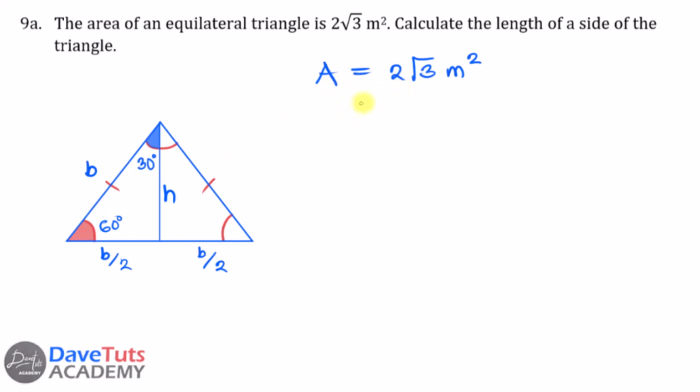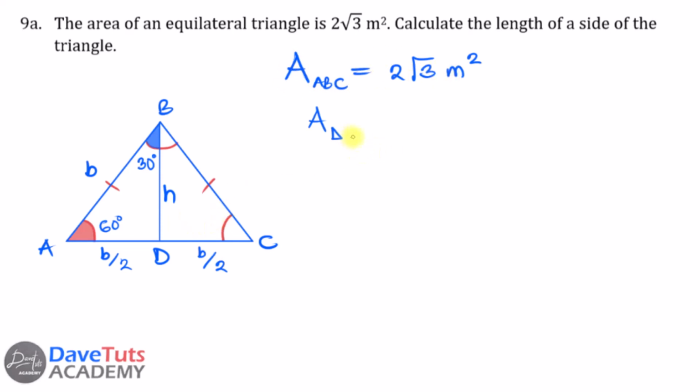Let me just label A, B, C, D. Initially this is the area of triangle ABC, as given originally.